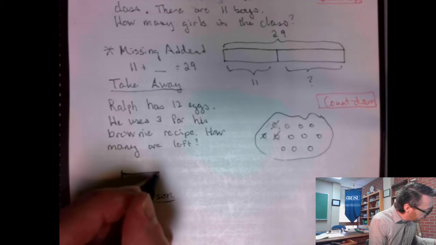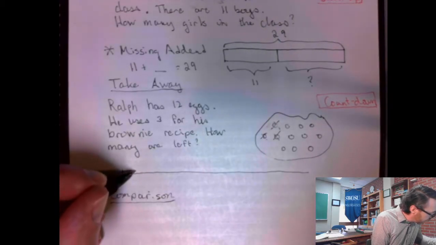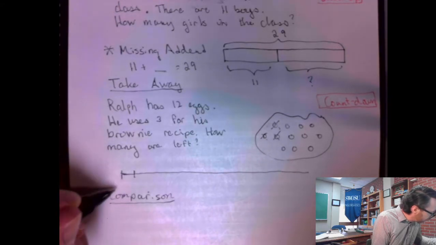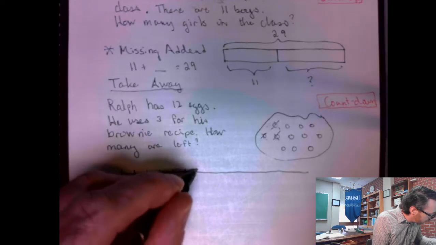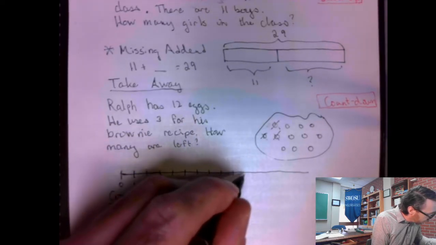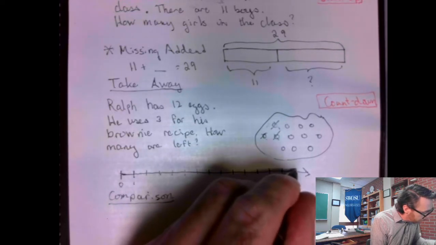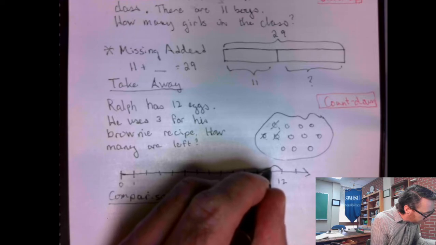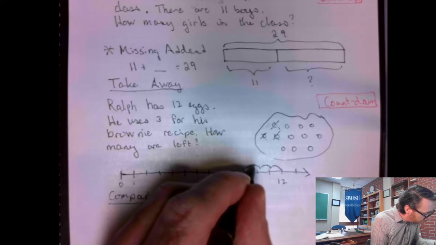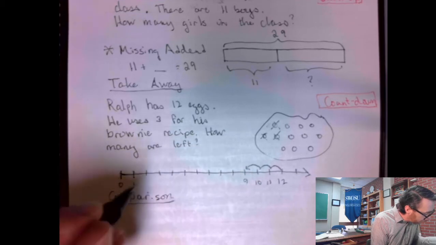You can work it out on a number line. 0, 1, 2, 3, 4, 5, 6, 7, 8, 9, 10, 11, 12, 13, 14. So you start with 12 and you count down 1, 2, 3, and you have just what we discussed.